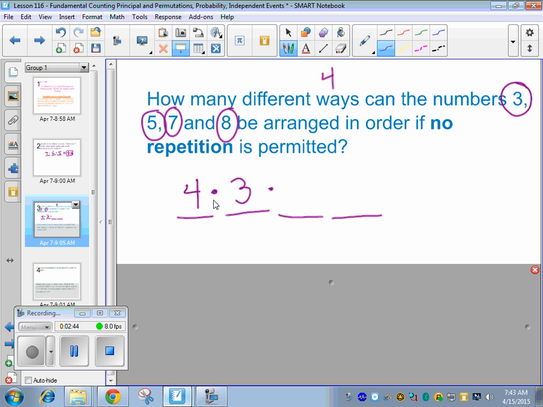Now 2 numbers are placed, so how many left? 2. And for the last one, there's only 1 number left. So 4 times 3 times 2 times 1. Brendan, what'd you say, 24? Okay.